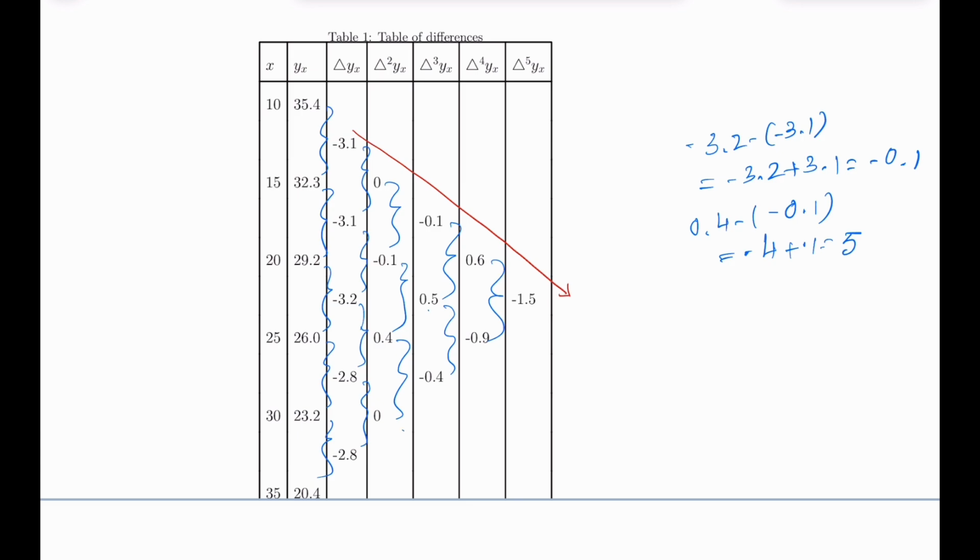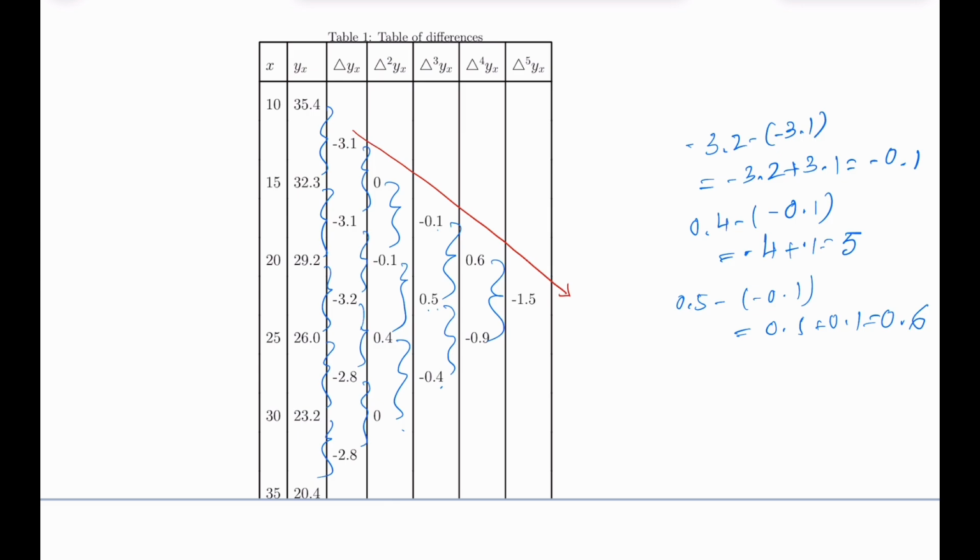This is minus 0.4. Now take the difference of these two. 0.5 minus of 0.1. So this is 0.5 plus 0.1. This is 0.6. This we have written here.